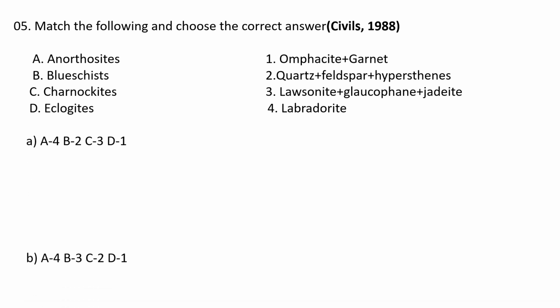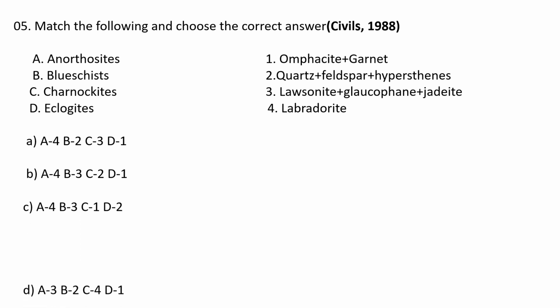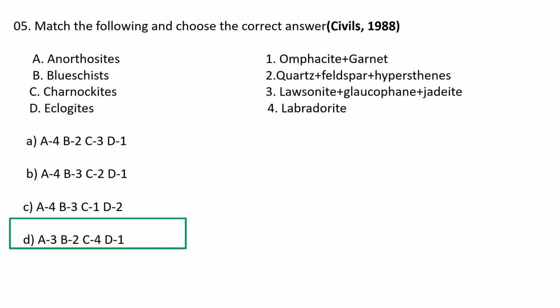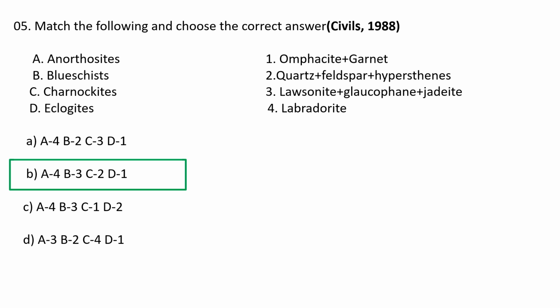So the choices are A. A4, B2, C3, D1. B. A4, B3, C2 and D1. C. A4, B3, C1 and D2. D. A3, B2, C4 and D1. So we have to choose from these, and the correct option goes as B. Anorthosites contain labradorite, a type of plagioclase feldspar.